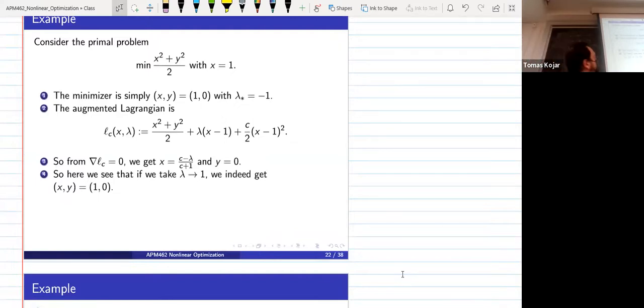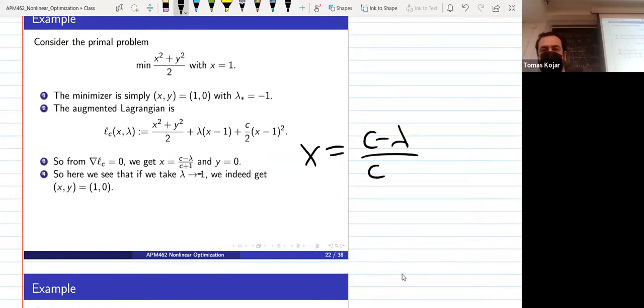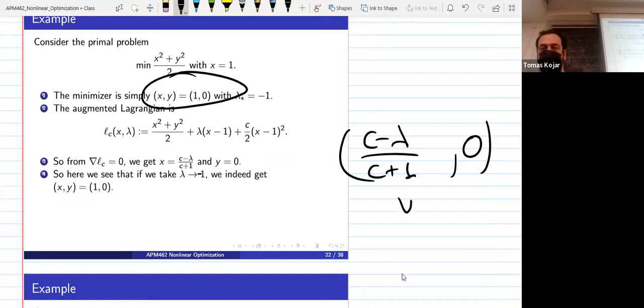So you see, with this penalty, you have the following phenomenon. This should be minus 1. So X is equal to C minus lambda over C plus 1, and we already talked about this being the minimizer. Compare this to 1, 0. There's two ways to get this.